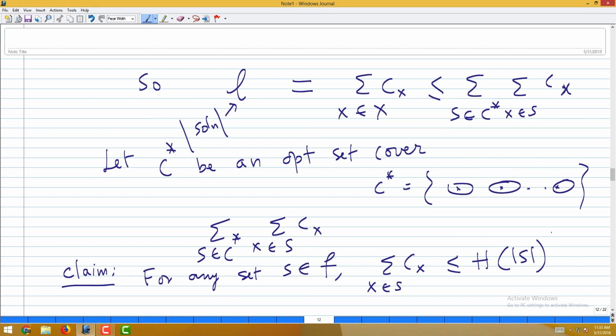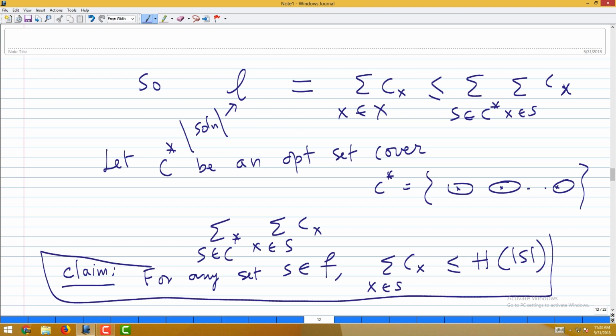Okay. So, I am going to prove this claim. We will show that you go to any set in your family, and I assign these costs, by the way, the greedy algorithm picked my sets. I will argue that for any set the summation C x is at most the harmonic sum of this. Okay. We will come to that.